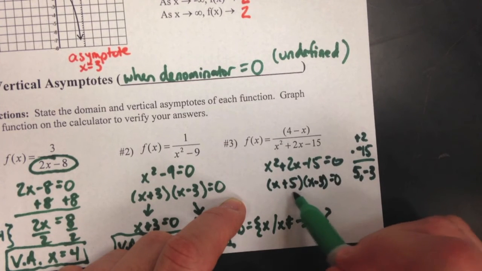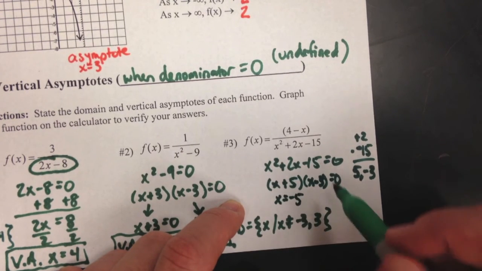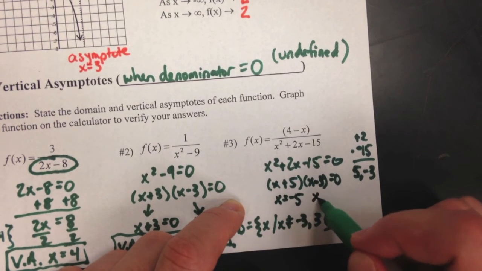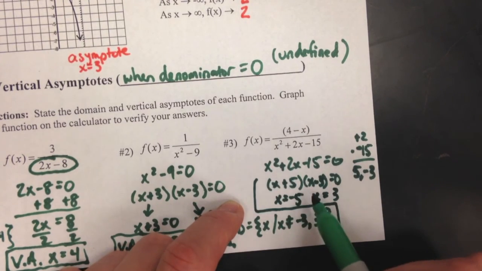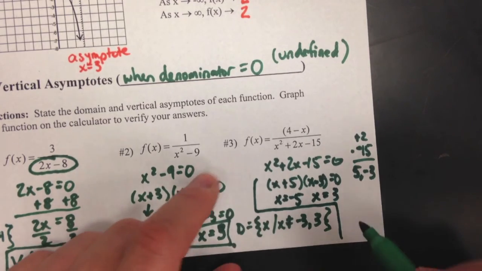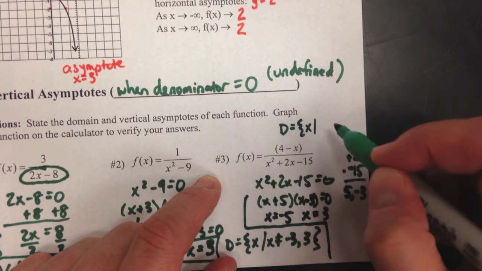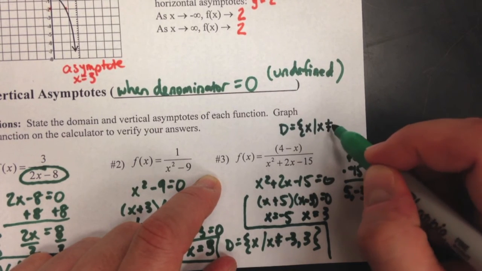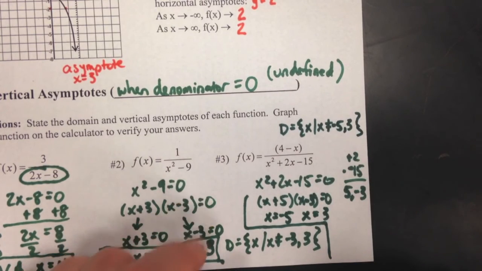Now I'll set the factors to 0. If x plus 5 is the factor, I'll get x equals negative 5. And if x minus 3 is the factor, I'll get x is equal to positive 3. I skipped a couple steps there, but it's the same process that I just did in this one. So the domain is the set of x's such that x is not equal to negative 5 or positive 3.